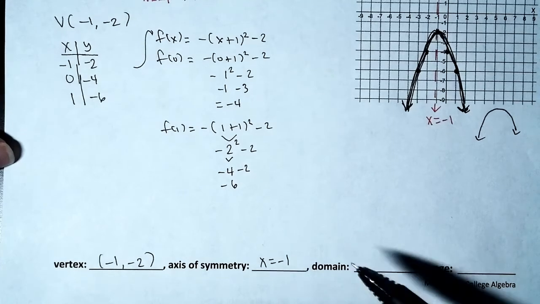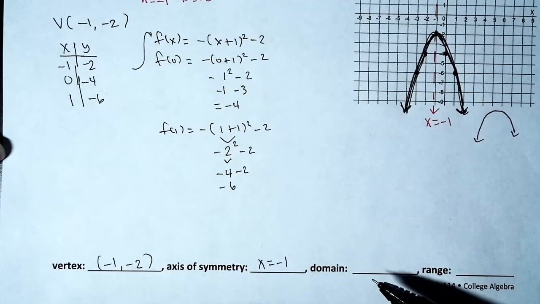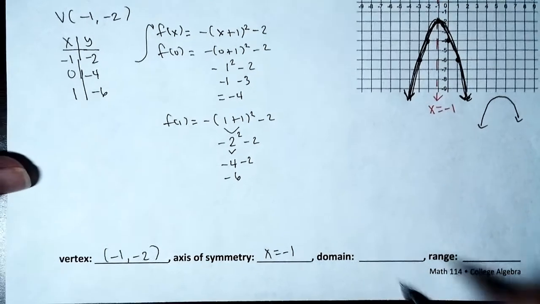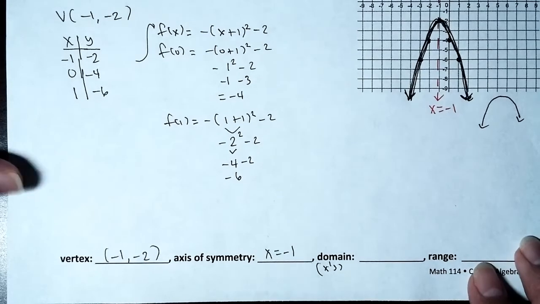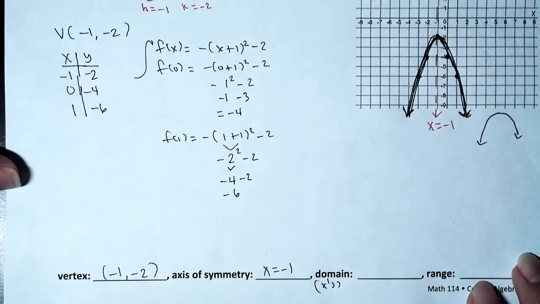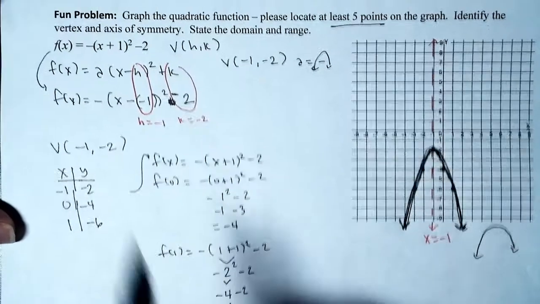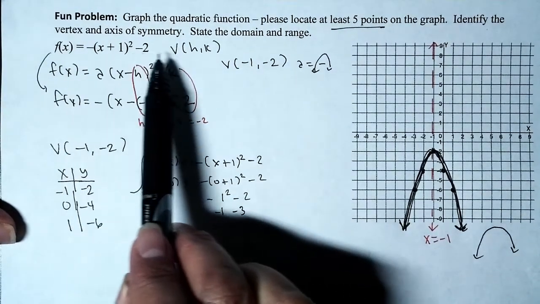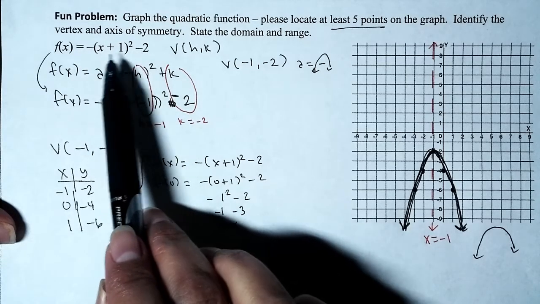The domain, you can get either by looking at the function itself or by the graph. The domain is the set of all the input values, or the x values. From the function, what values of x can I use? In this case, we don't have a fraction or a radical, so we can use any real number.